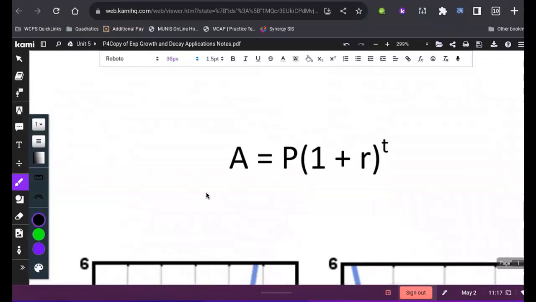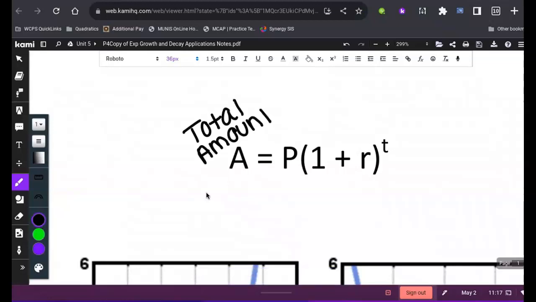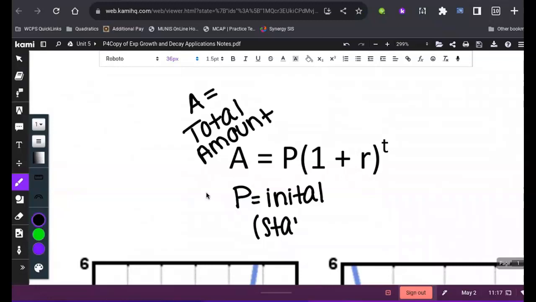A represents the amount, or the total amount. P is equal to our initial investment, an initial or a starting amount.